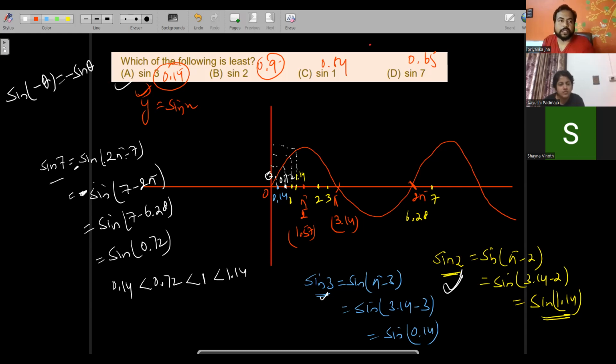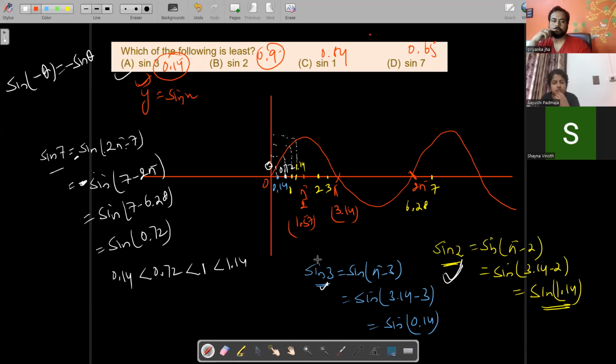Okay, note it down. Did you guys understand how to solve this kind of problem? Yes, sir. Sir, why was the scientific calculator giving different values? No, I calculated on Google.